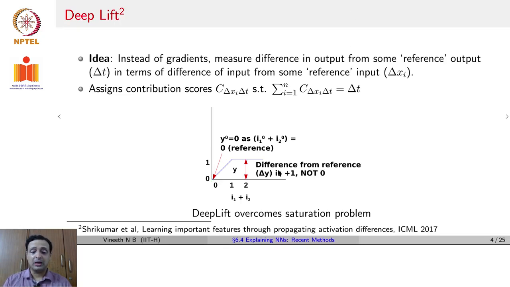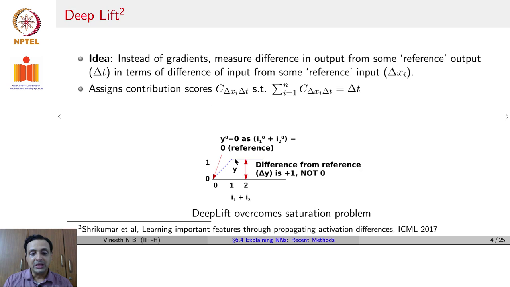You can see now that with this kind of an approach, the saturation problem that we saw on the earlier slide will go away, because no more will you be considering the difference between successive points on your x-axis, but you'll always be looking at it as a difference with respect to the reference, which you could keep as 0.